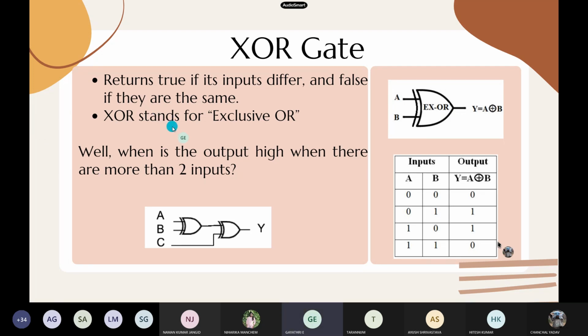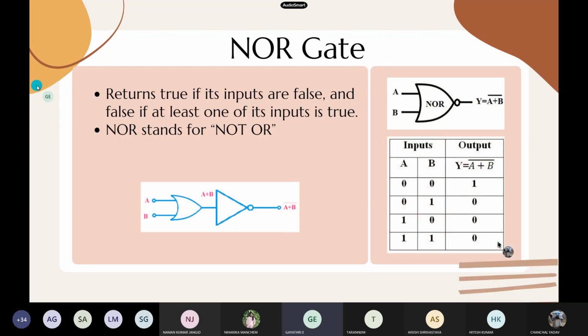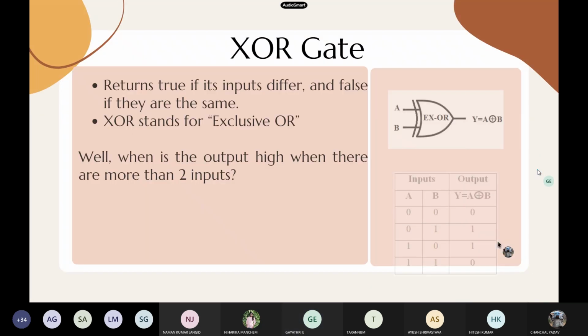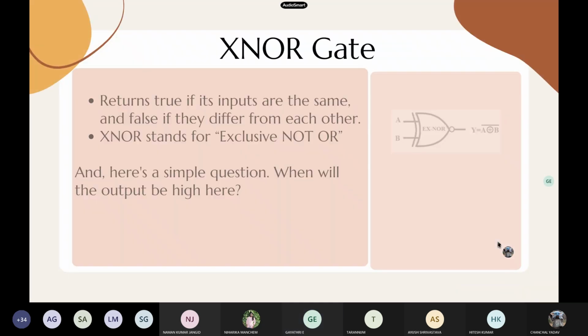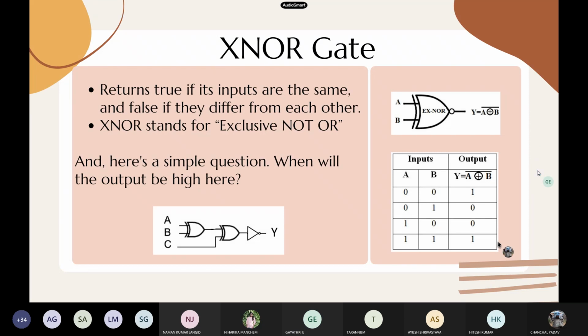Moving on to the next gate, which is the last gate we are going to look at. This is the XNOR gate. From the gate representation, we can see that it is the negation of the XOR gate. So here's a simple question. We know that the XOR gate gives us a high output in case of an odd number of 1 bits present in the input combination.